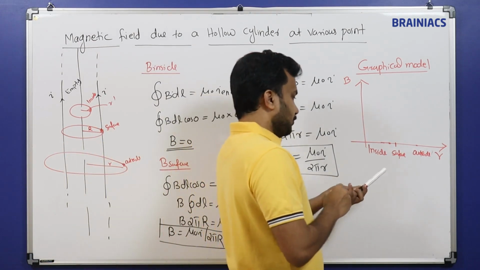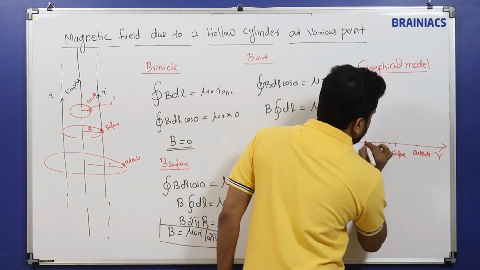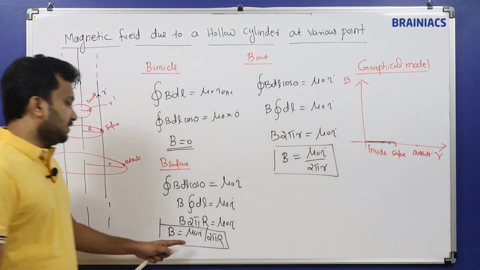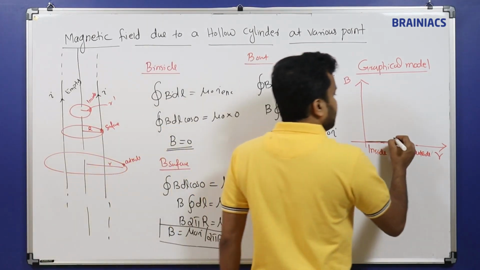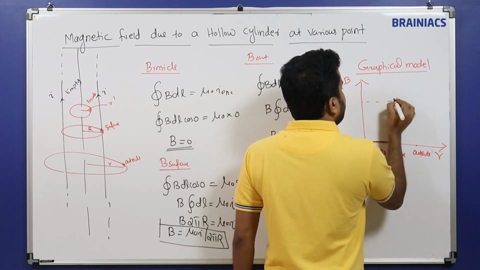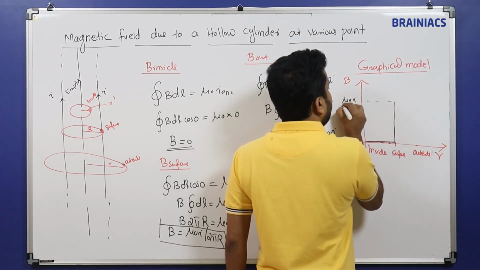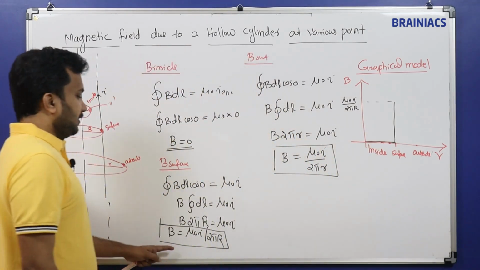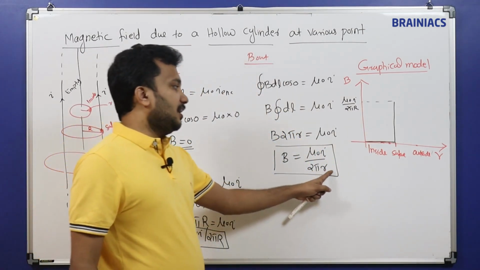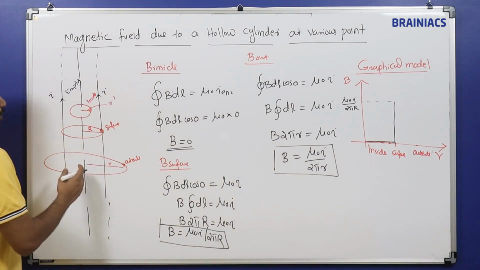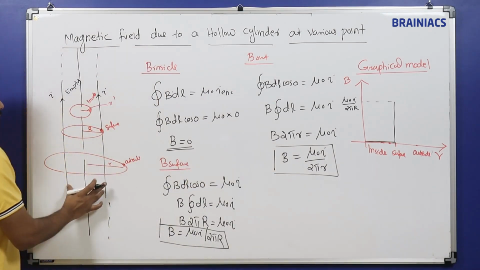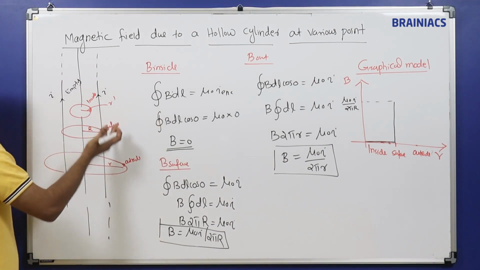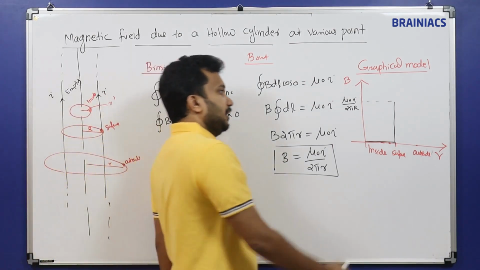What is the magnetic field inside? It is 0. So up to the surface it is 0. On the surface we have a magnetic field, so it rises to some value. And what is this value? Mu 0 I by 2 pi r. After the surface, when r increases, which means you are going out of the hollow cylinder, the magnetic field reduces.